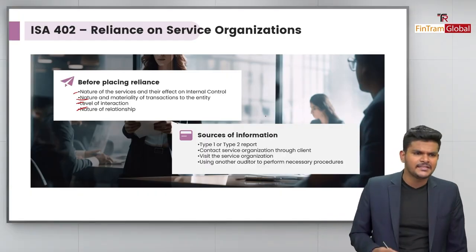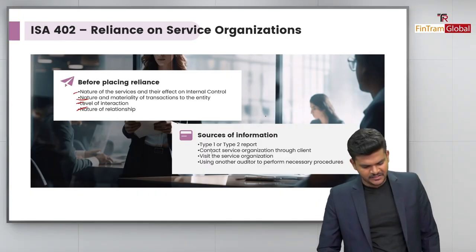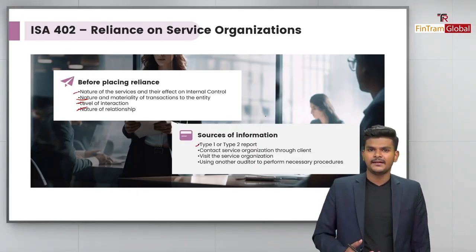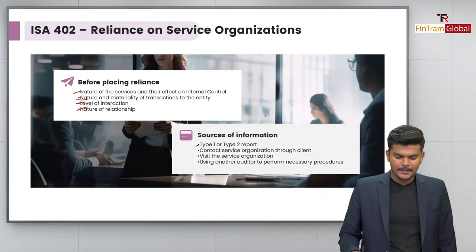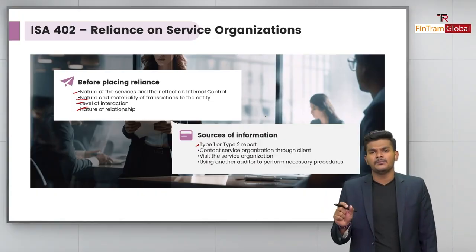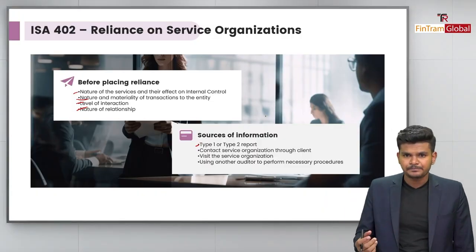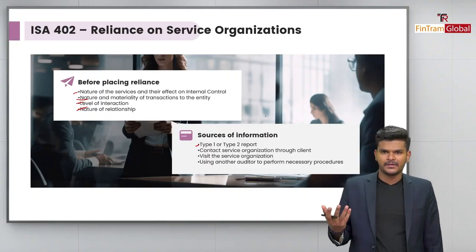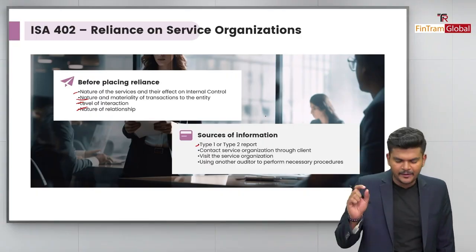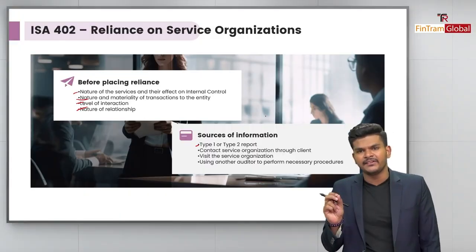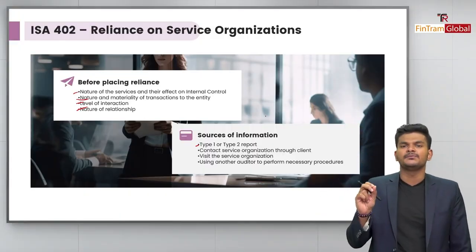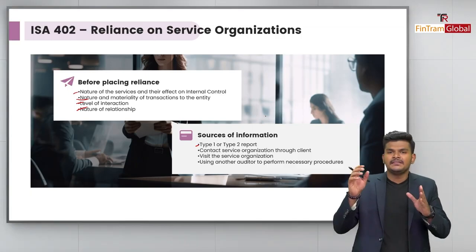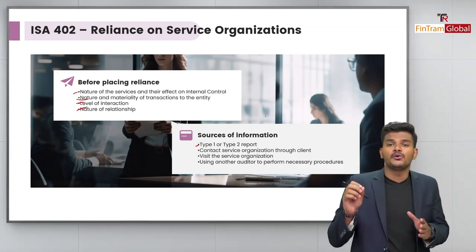And where do I get this information from? I'll get this information from a type 1 or type 2 report, right? That's basically one way of getting it. Remember, guys, in type 1, what all things do we have? We have the design, and do we have the operating effectiveness of the internal controls? No, right? Okay, folks. In type 2 report, we have the operating effectiveness, as in the service auditors will ensure as to whether the internal controls operate effectively.